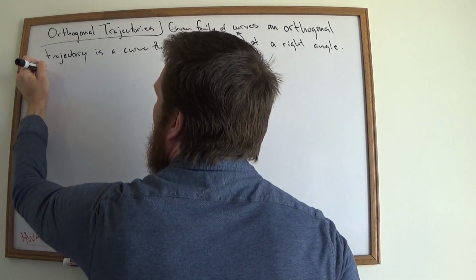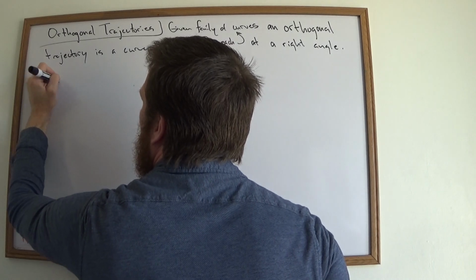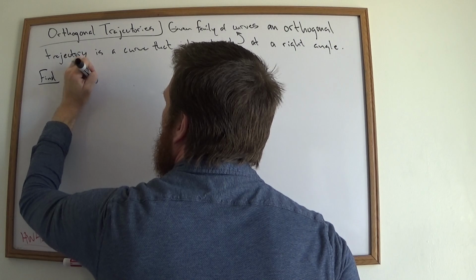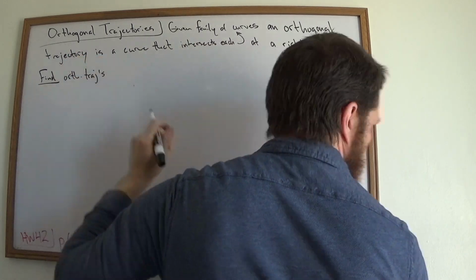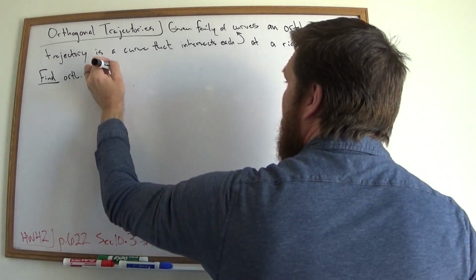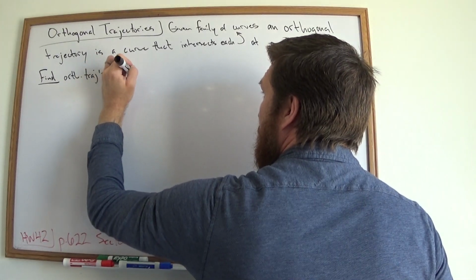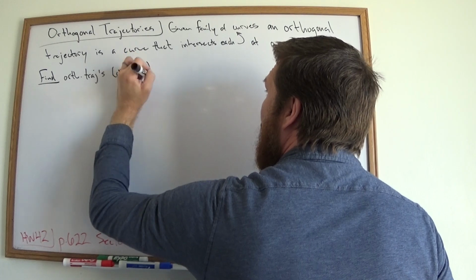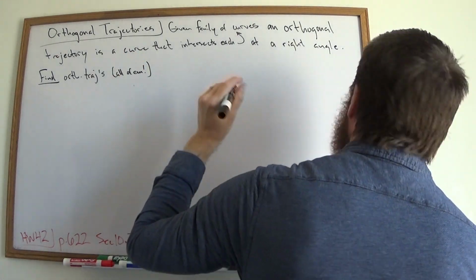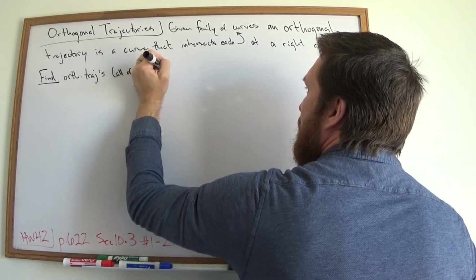So we're going to find the orthogonal trajectories, all of them. We're going to find all of the orthogonal trajectories to this family of curves.